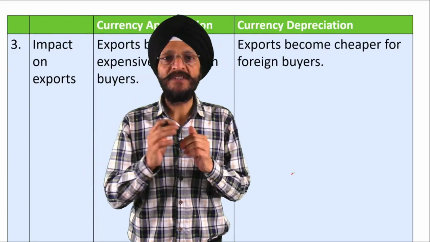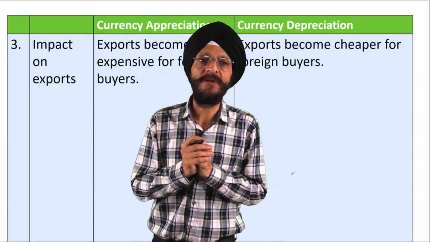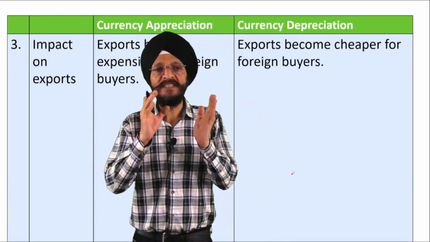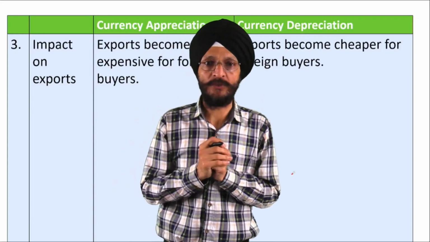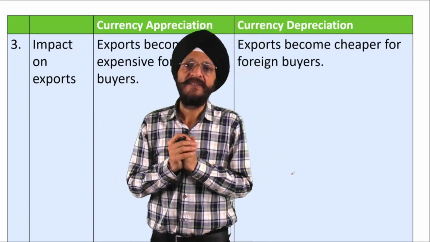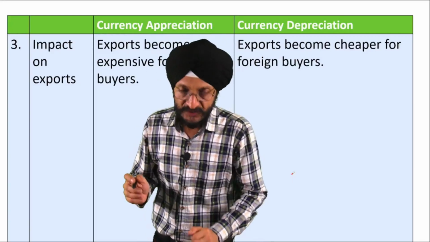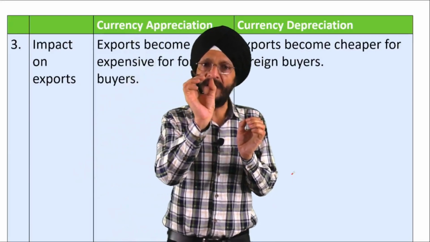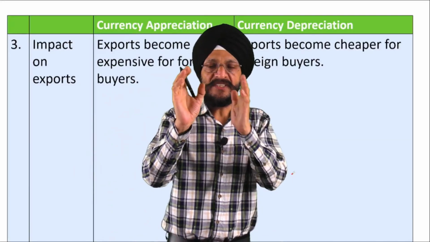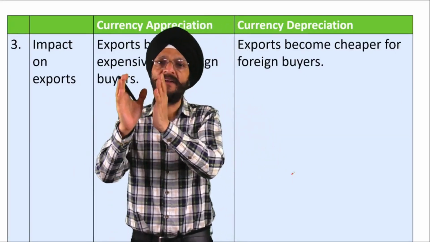Swiss franc appreciation is the well-known example of how currency appreciation impacts exports. Swiss franc is the official currency of Switzerland and one small country, Liechtenstein, which is a border state between Switzerland and Austria.